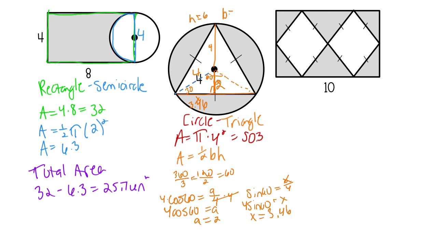So our base is 6.928. So the area of our triangle is going to be 1/2 times 6 times 6.928. And that will give us 20.8.